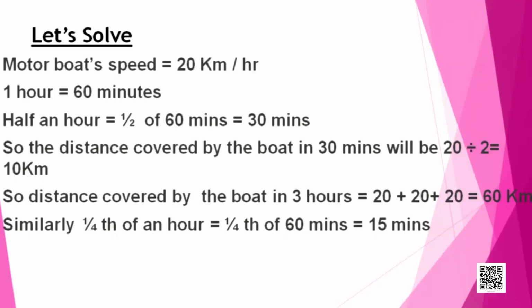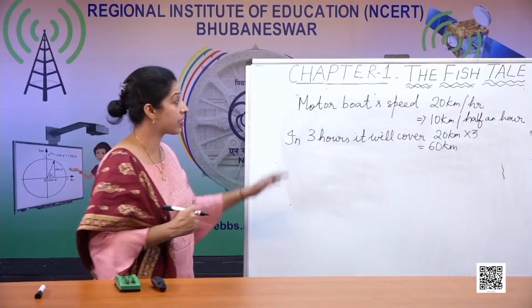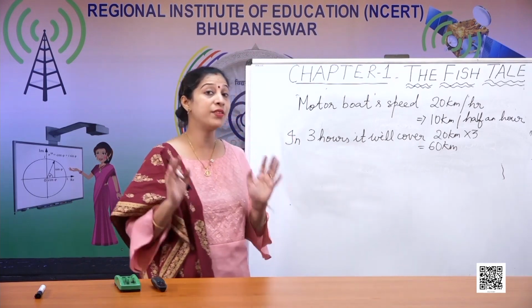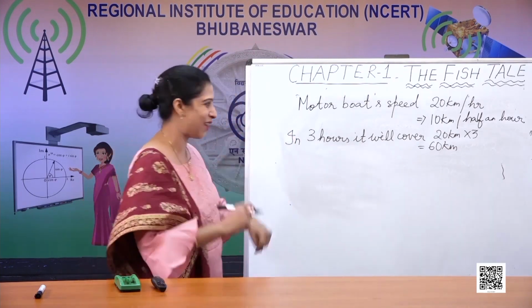So now children, just think how much distance will be covered in 3 hours. You can add it, and you can do multiplication also. So let's find out the distance covered in 3 hours. 20 kilometers plus 20 kilometers plus 20 kilometers is equal to 60 kilometers. Now another half an hour we have to add, because we have to find the distance covered in 3.5 hours.